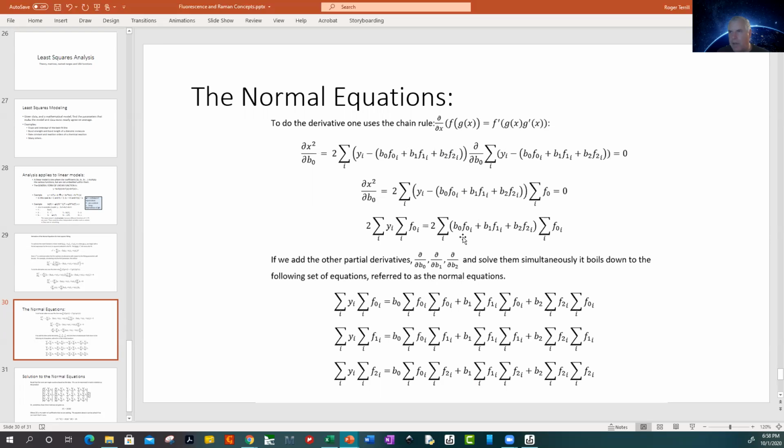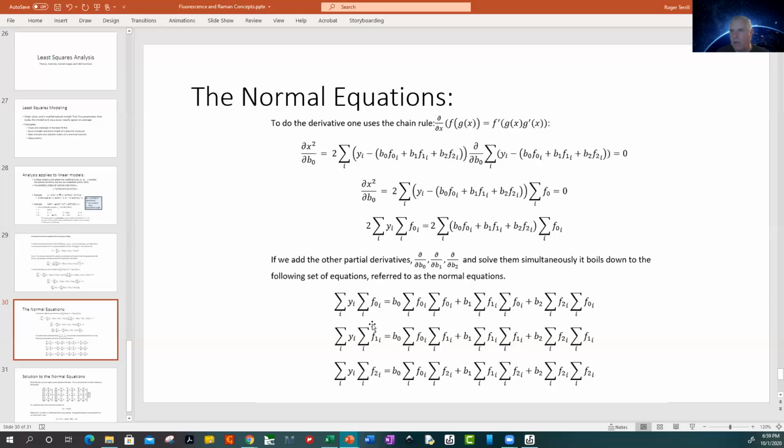Basically we're going to multiply this out, b0 f0 times f0, and then cancel the 2's. We get y0 times f0 is equal to b0 times f0 times f0 plus b1 times f1 times f0 plus b2 times f2 times f0. That's this term times this, plus this term times this, plus this term times this.